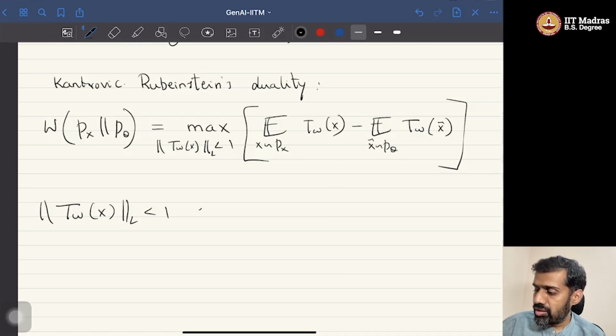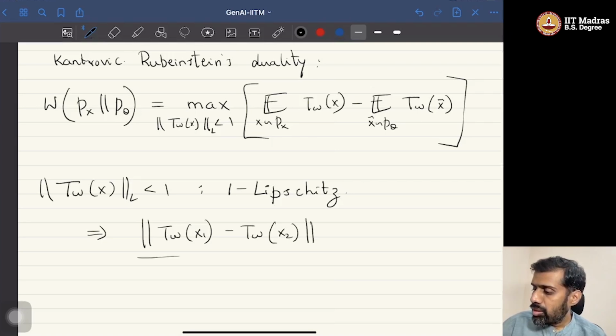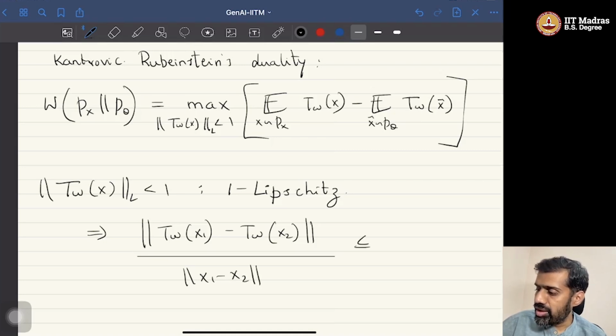So this means that the t function which we represent using neural networks has to be such that it has bounded derivatives this way. What is this? This is the derivative of tw, right? So it has to be less than or equal to 1. So this is the definition of a function being 1 Lipschitz.